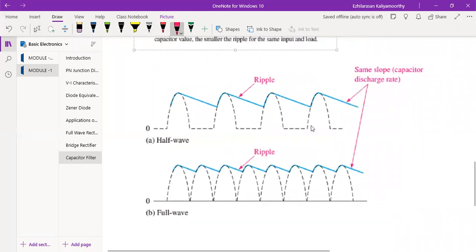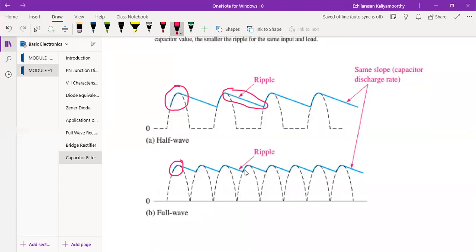Which one? This diagram just showing. You see the ripples for the half wave rectifier, how we got? The ripples are very high. See this. But you see the full wave rectifier ripples are very less. See this. This is what, or you can see this completely, right? See this. But you can see this is very less.